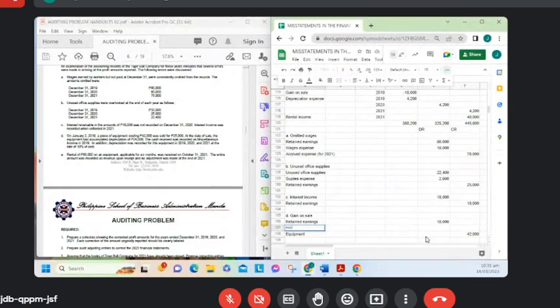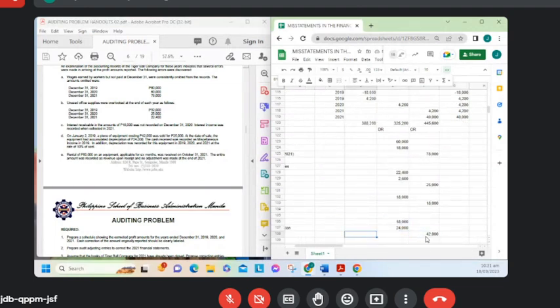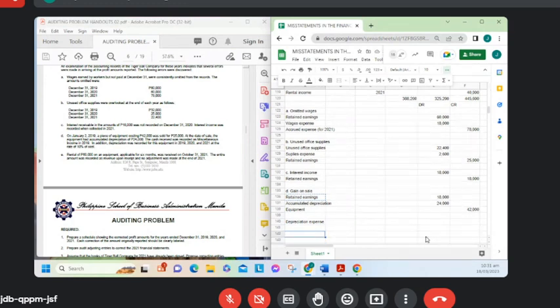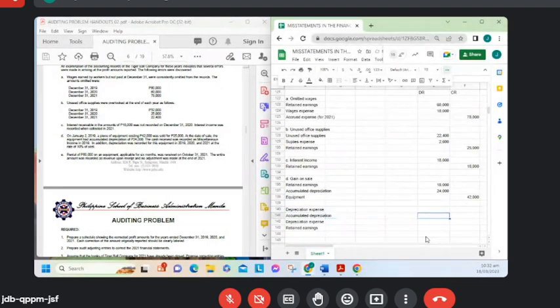Then accumulated depreciation, 24,000. Then for the depreciation, that resulted in understated retained earnings, overstated depreciation expense in 2021, and overstated accumulated depreciation.